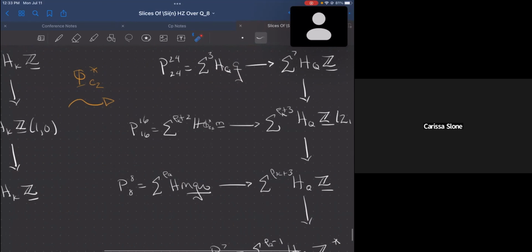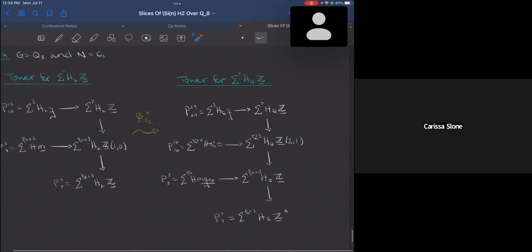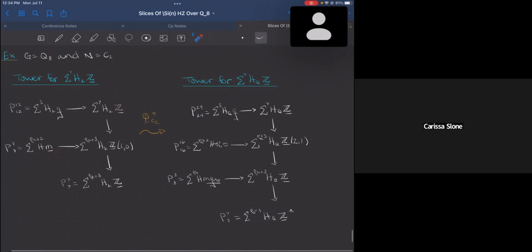And now, this is an example of where psi star agrees with phi star. So M pulls back to the phi star C2 pullback of M. And then our row K plus 3 suspension of HKZ, that's going to pull back to a row K plus 3 suspension of HQZ. And then our 7 slice pulls back to the row K plus 3 suspension of HQZ.